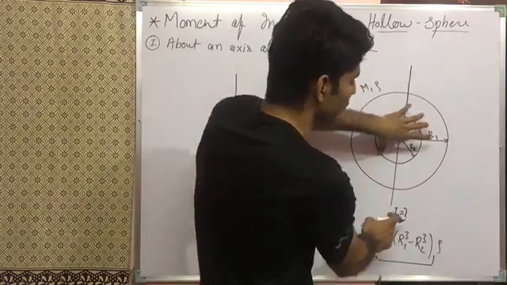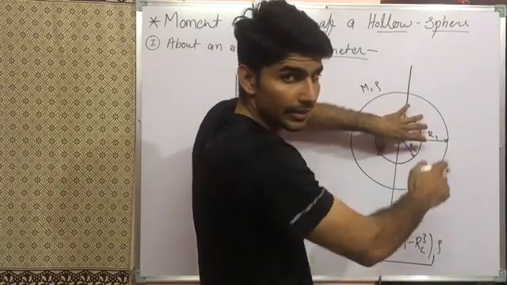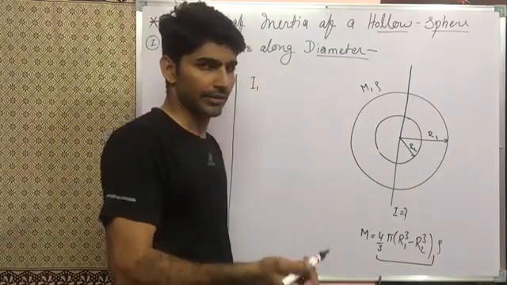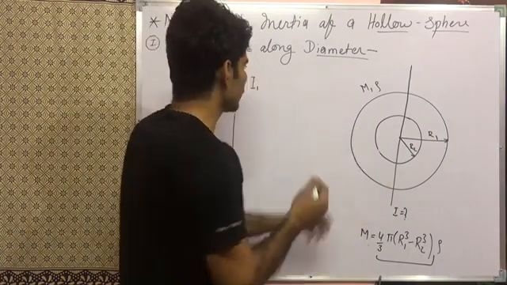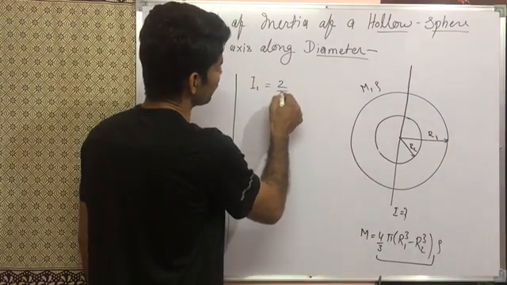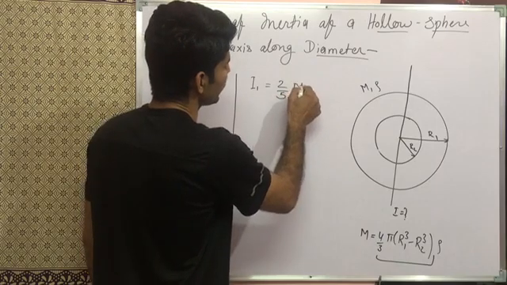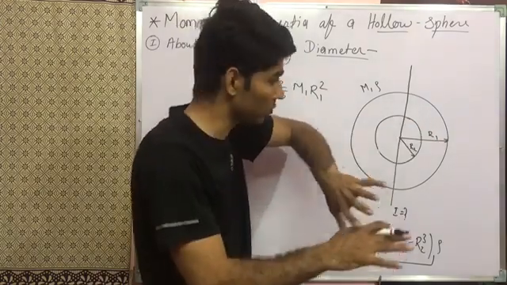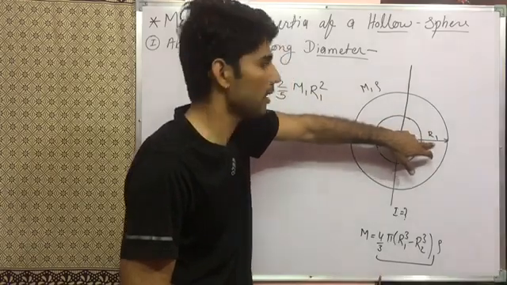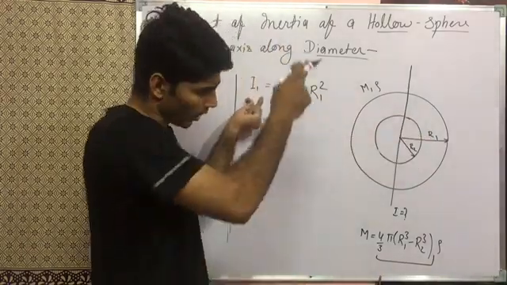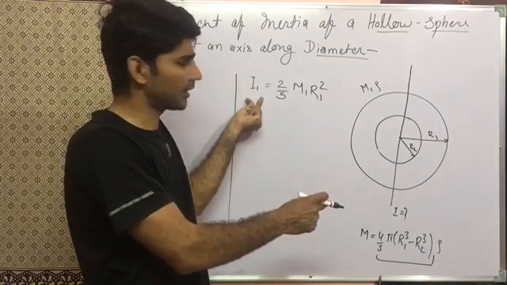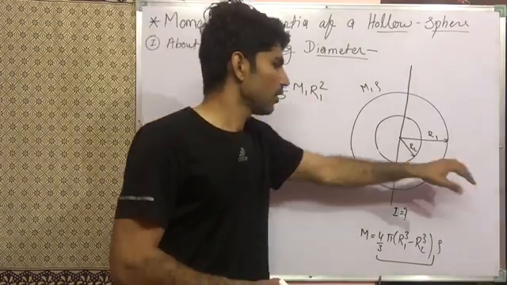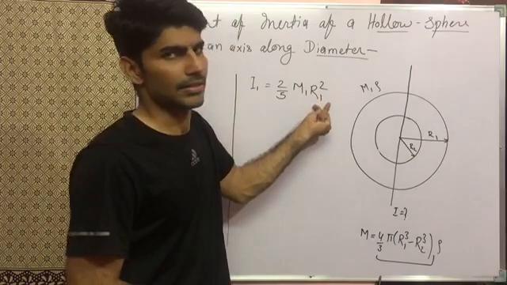The moment of inertia about this axis for the imagined solid sphere, as we derived in the last video for a solid sphere, is I1 equals 2/5 M1 R1 square, where M1 is the mass of the assumed solid sphere of radius R1.